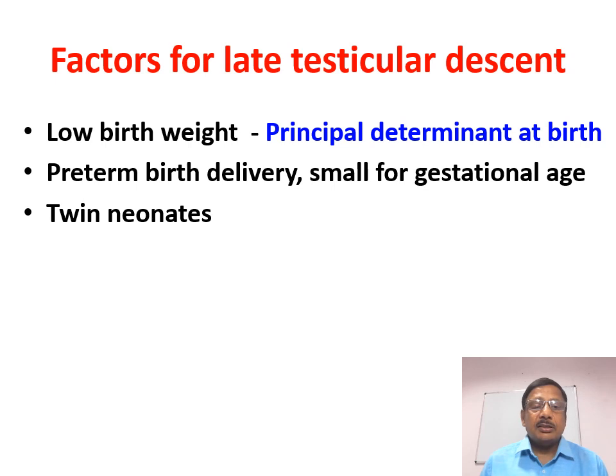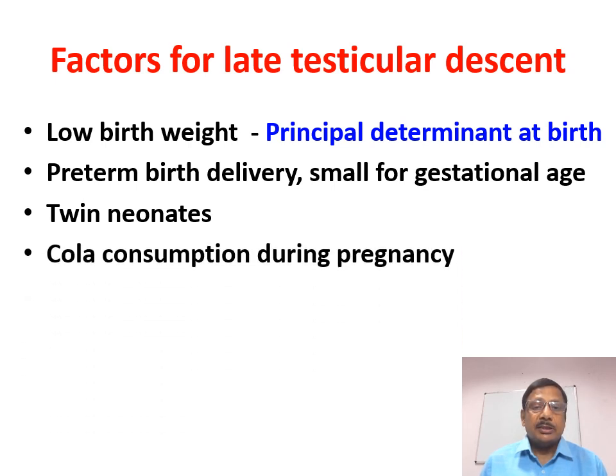It has been seen if there are twins, then the incidence is high. That may be responsible. Very interestingly, the mothers who have consumed cola drinks during pregnancy, their male babies have more incidence in comparison to those who did not consume cola drinks.